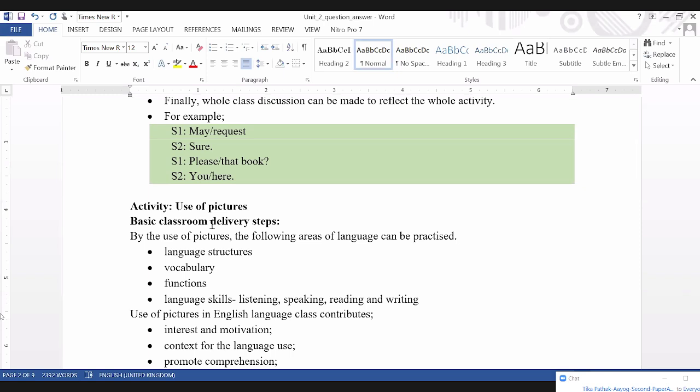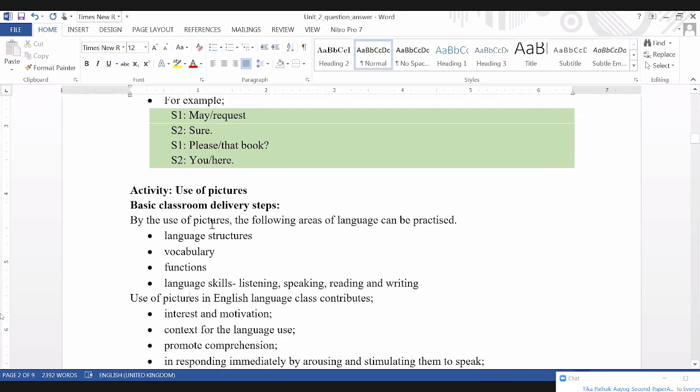Which language areas can be taught or practiced by the use of pictures in English class? Vocabulary, of course, we can practice. Functions, of course. And language skills, like listening, speaking, reading, writing. So picture is a rich resource for teaching different skills and aspects of English language.